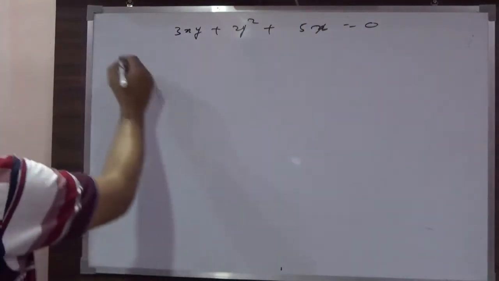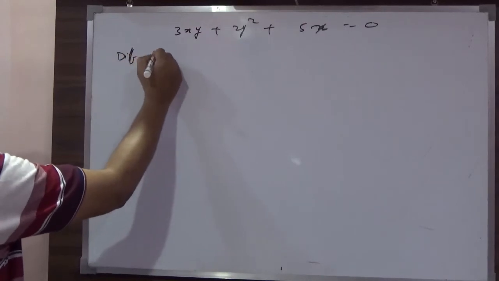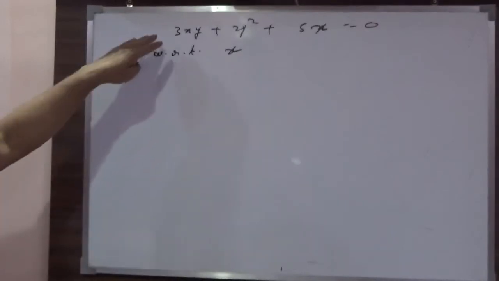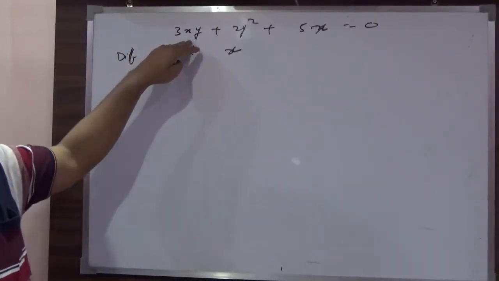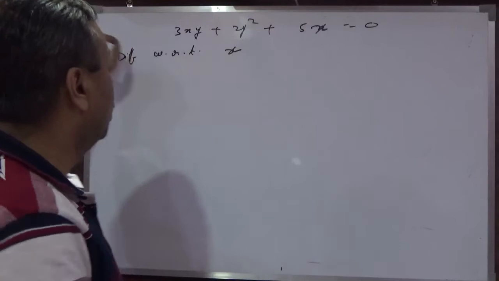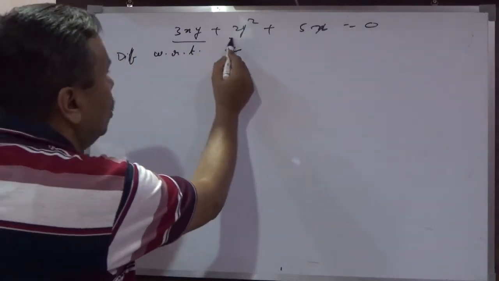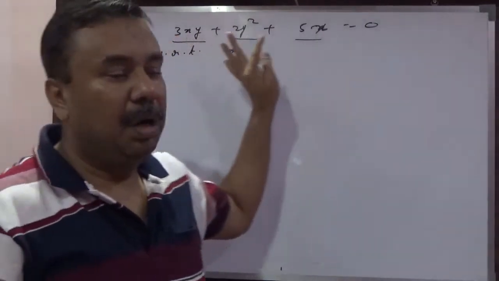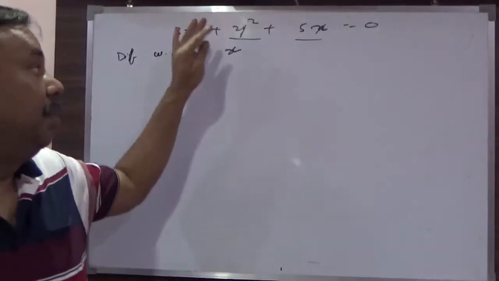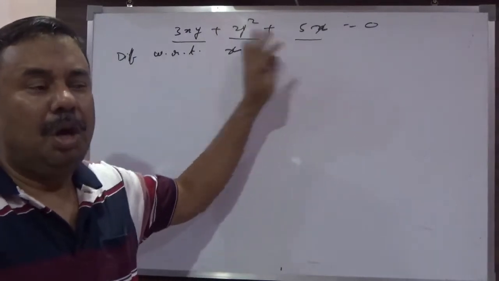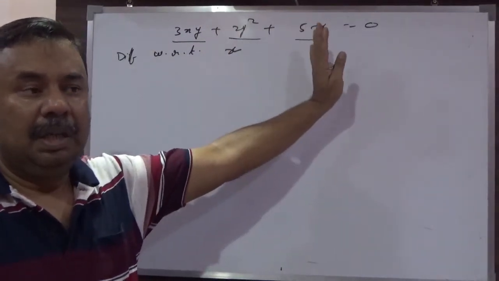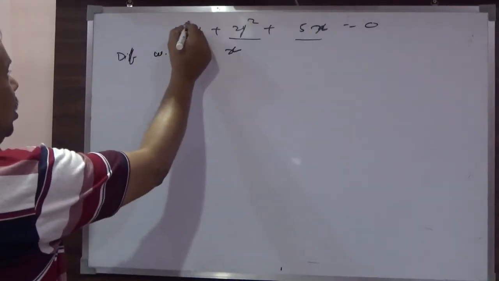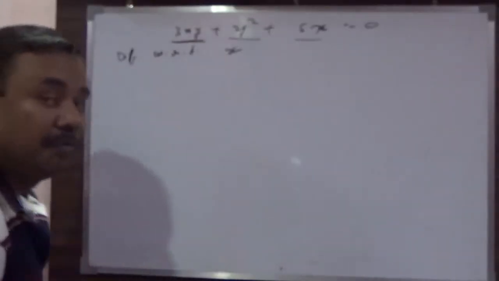Now, when I am differentiating with respect to x, you have got three terms, and all three terms will be differentiated, this function being a sum of three functions. Now this first one separately is a product of two functions.